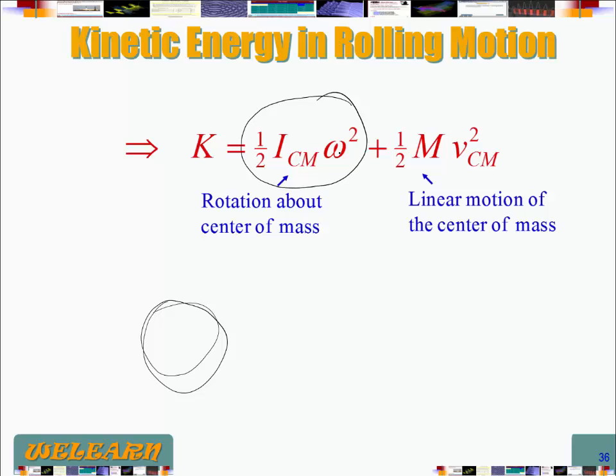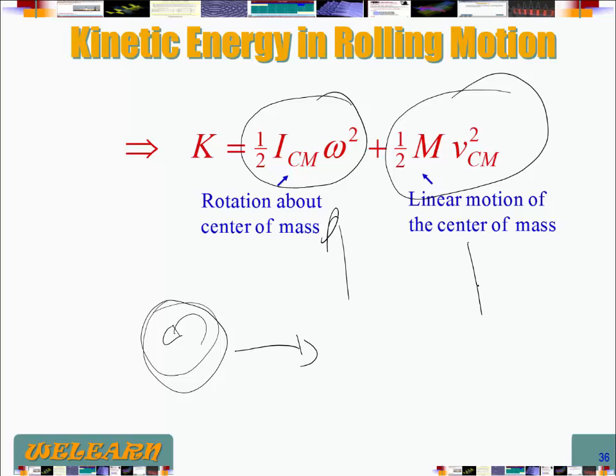Plus, since it's moving linearly, it's going to have linear kinetic energy, 1/2 of m v squared, where v is the velocity of the center of mass. So because the object is both rotating and moving linearly, we have two types of energy of motion, rotational and translational, and we have to account for both.